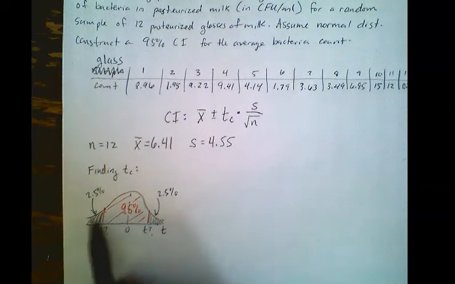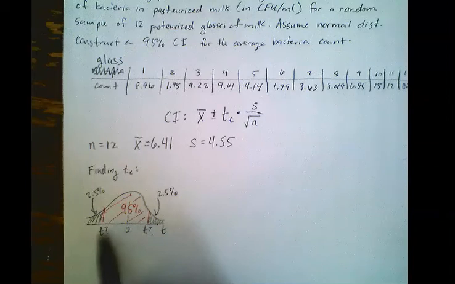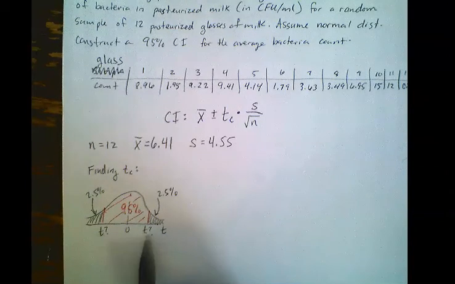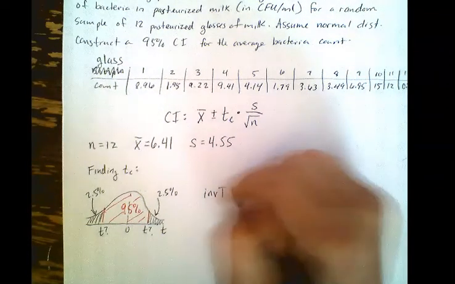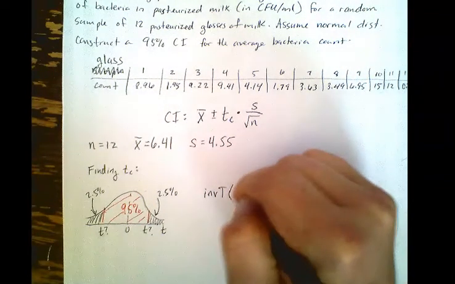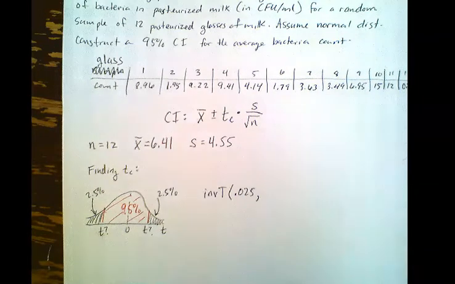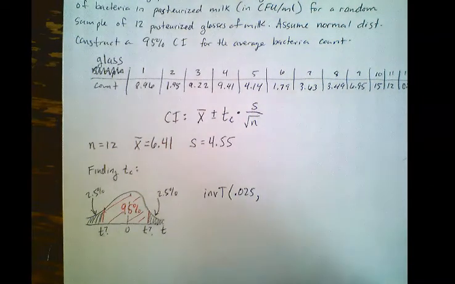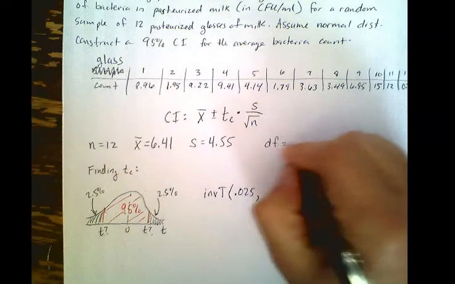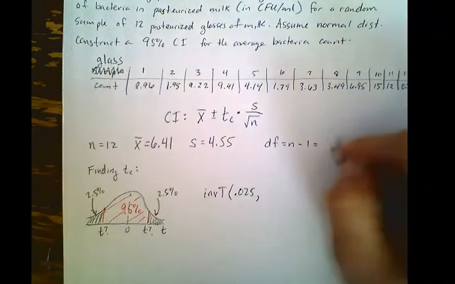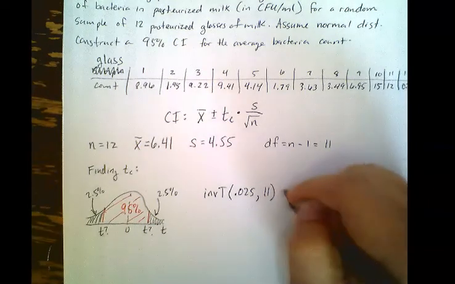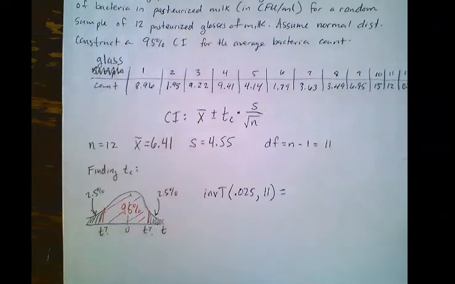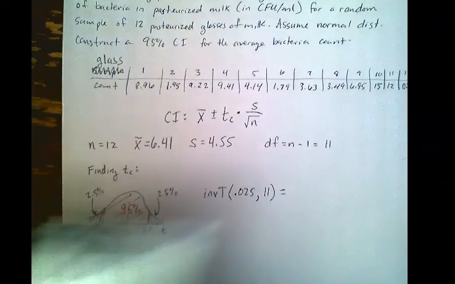So we can use our calculator to generate this t-value, which should be negative, and then we'll just put a plus or minus on it. So inverse t of 0.025, comma, now we need our degrees of freedom. Recall that the degrees of freedom is n minus 1, so that would be 11 in this case. So let's see what we get.